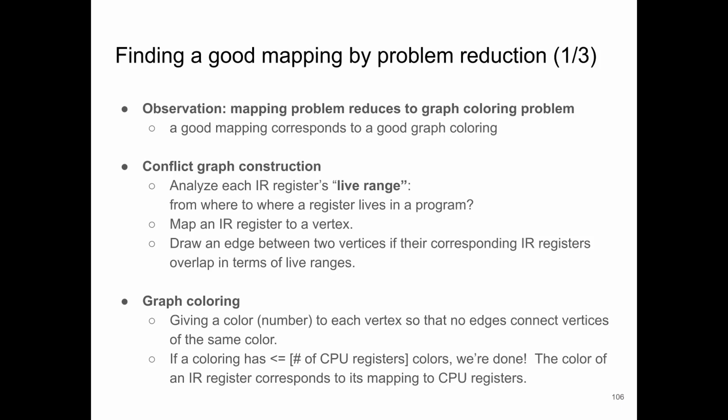But after all use points, the register no longer needs to be remembered because it is no longer used at all. So the register is not in the live range after all the use points are gone.